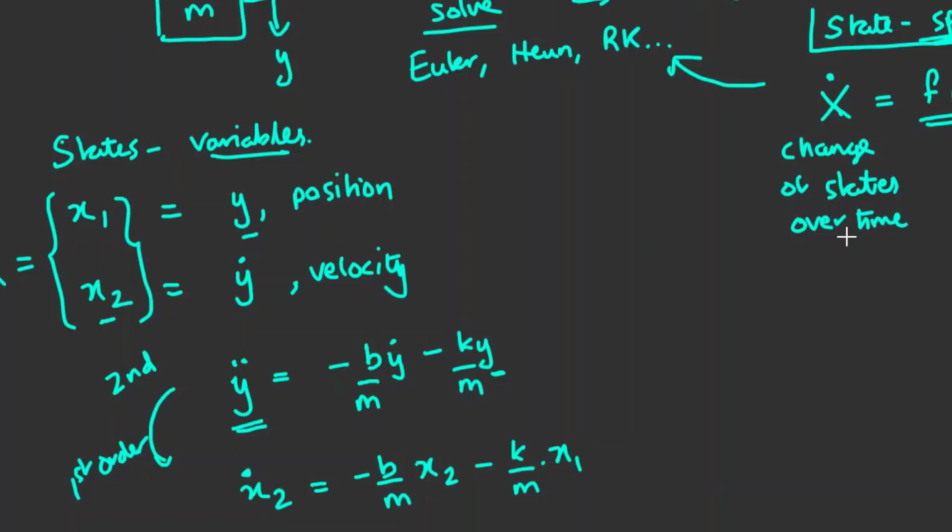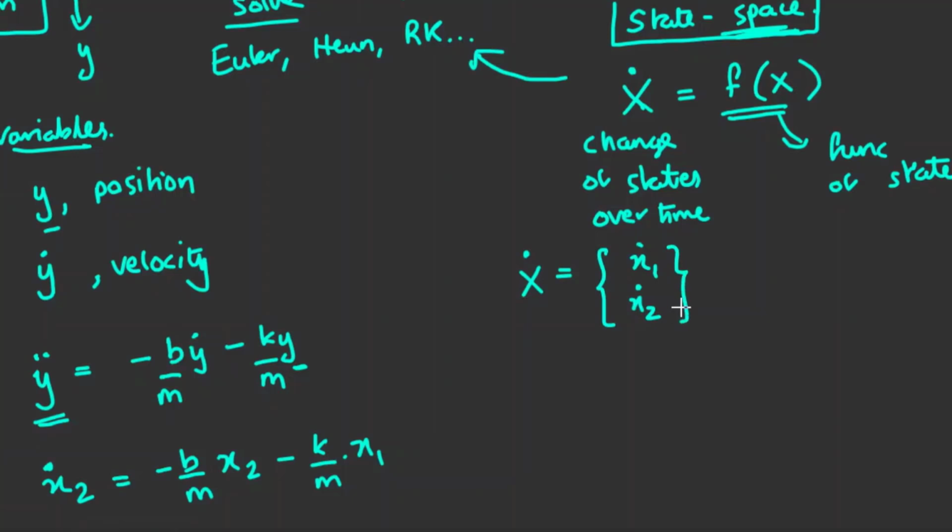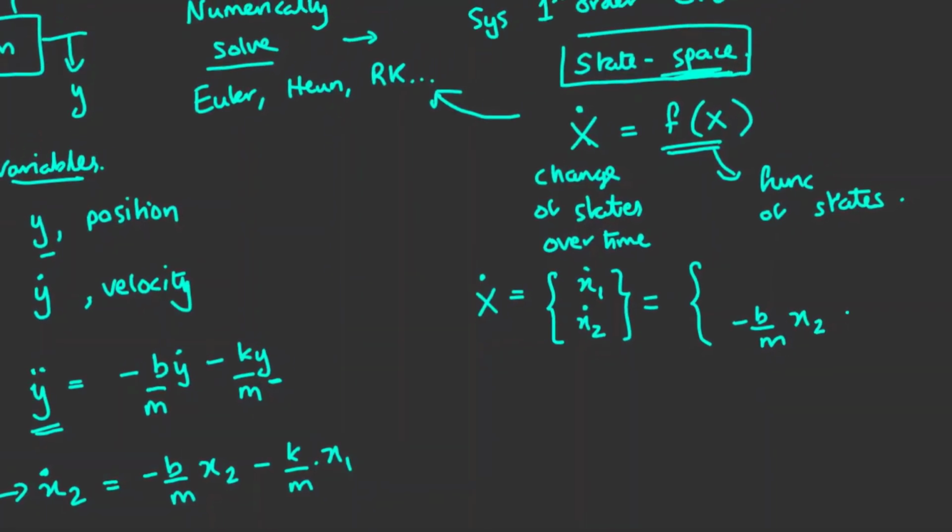Now how do you put all this together? What is x dot? x dot is the derivative of each state, x1 dot and x2 dot. Once you define this, that completes the state space. Like we already found, x2 dot is this one. Let me write that out here in terms of your states: minus b over m x2 minus k over m x1.